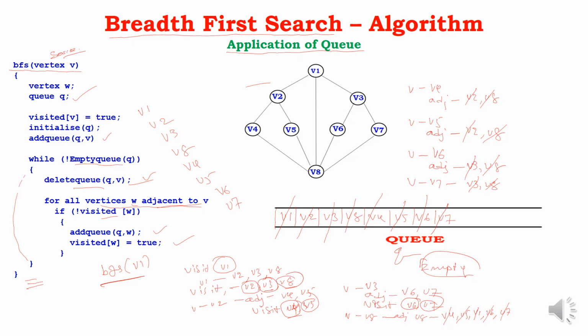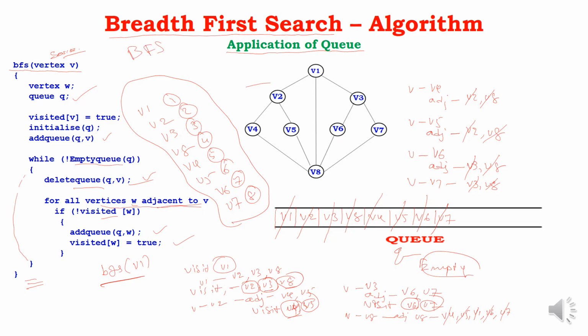The sequence is: first node, second node, third node, fourth node, fifth node, sixth node, seventh node, eighth node. All 8 nodes have been visited. So in this way, we traverse or visit all the nodes if we select V1 as the start vertex.